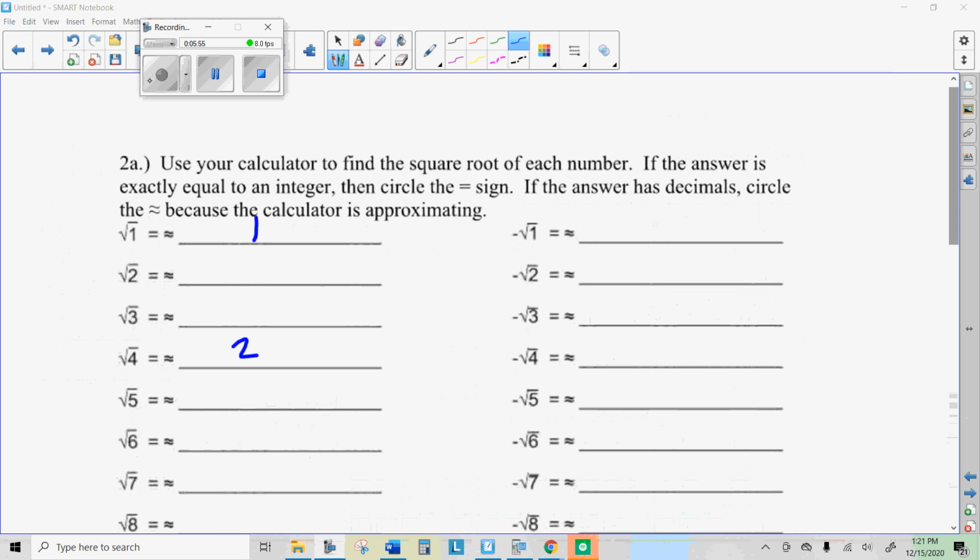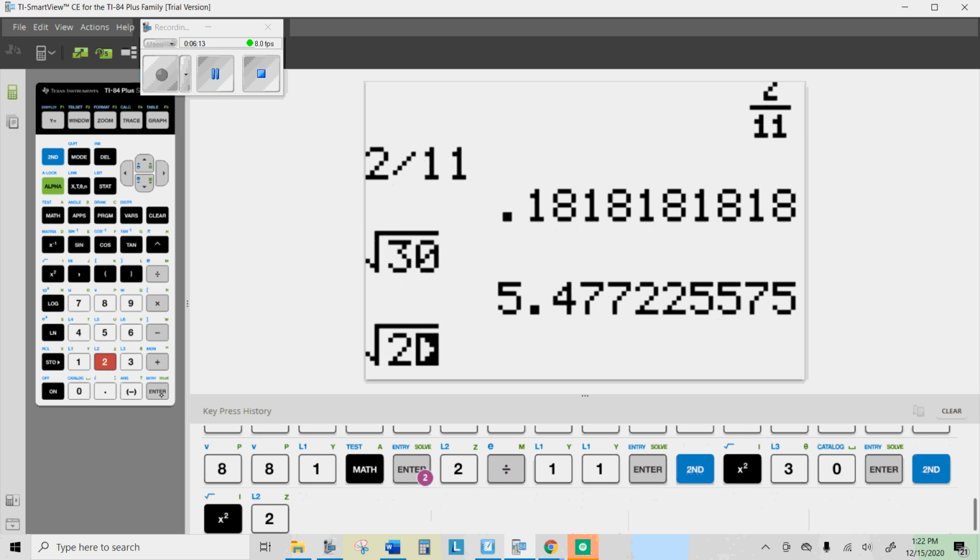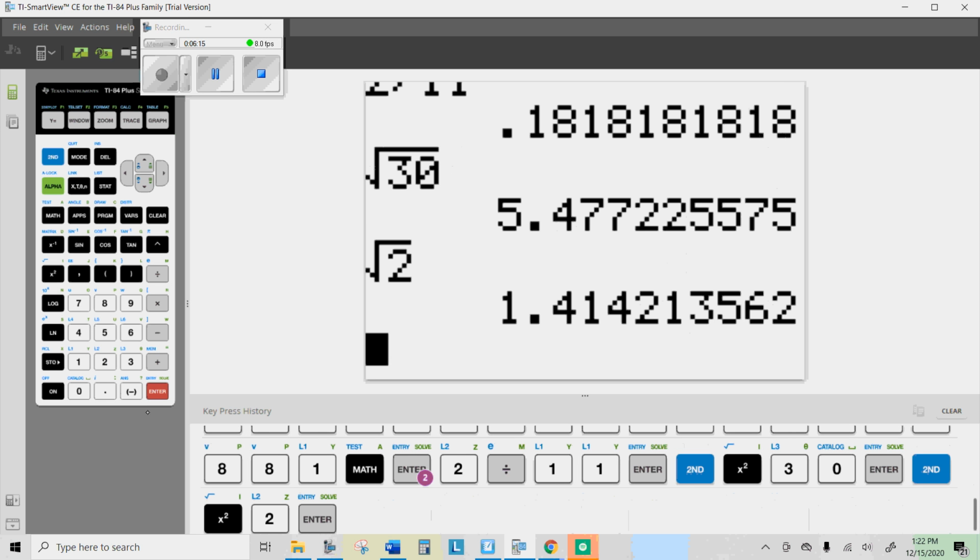As you're doing this, if the answer has decimals, circle the approximately equal, and like the square root of 2 would be 1.41421. You're going to have to decide.